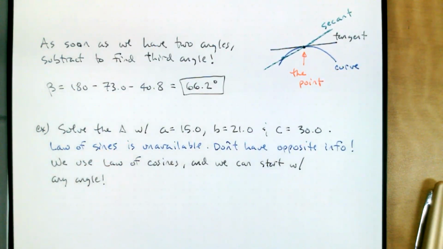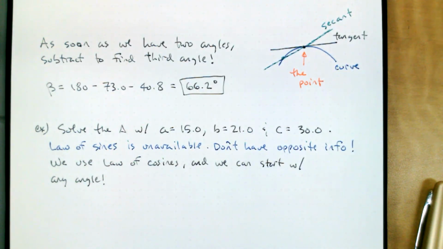So good news, we did not have a choice as to what law we use. It's got to be law of cosines, but we have a choice as to which angle we go after first. So good news, we have a choice. Bad news, we've got to make a choice.